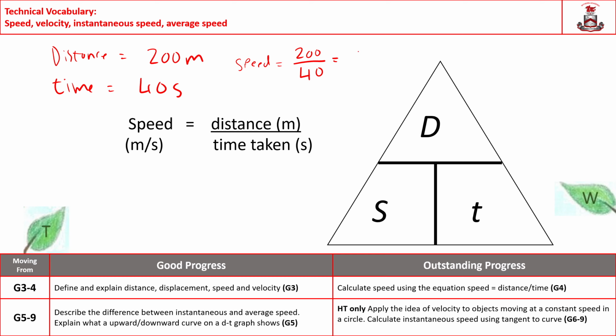Okay, that equals 5 meters per second. And we have to remember the unit is meters per second.